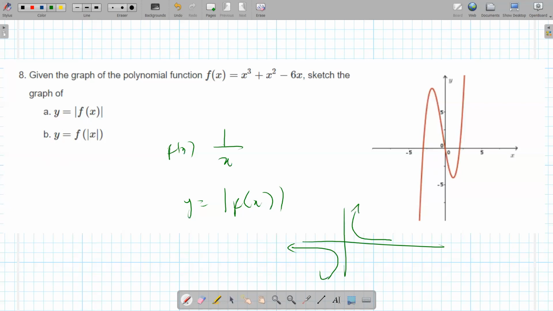But notice all these y values are what? Negative, right? So they will all become positive. So the x values are going to stay as they are, but the y values will be positive. And there you go. That's going to be the final graph. Okay, yeah, I see.